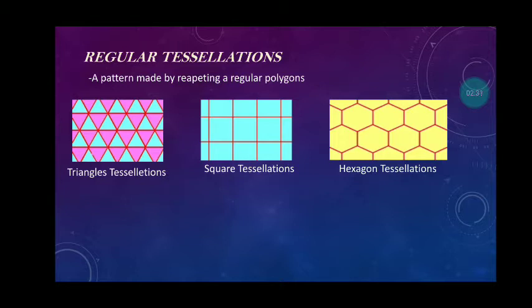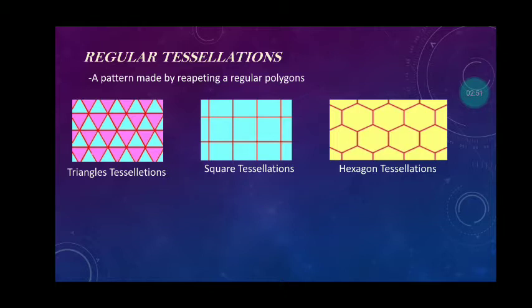As you can see in the picture, looking at these three samples of regular tessellations, you will notice that the square can easily be lined up with others, while the triangles and hexagons involve translation.